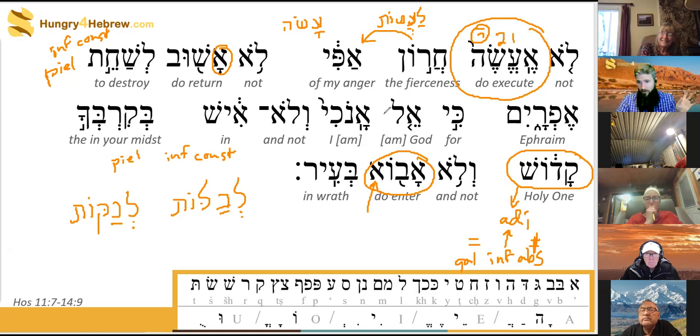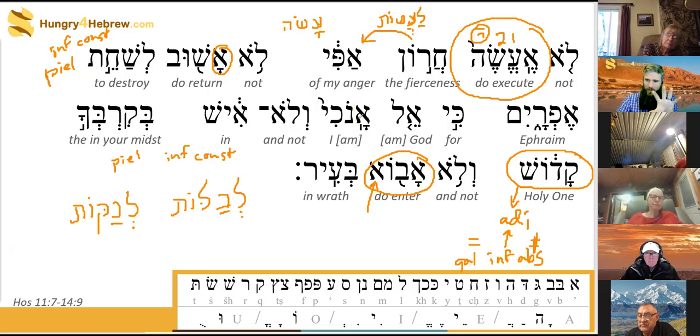It does not happen often, but the meteg simply means pause on this just a little longer than you otherwise would. And so here it's marking secondary stress. Anochi, anochi. And also, we wouldn't confuse this for kamatz katan because it's in an open syllable. So it's secondary stress, that's all.